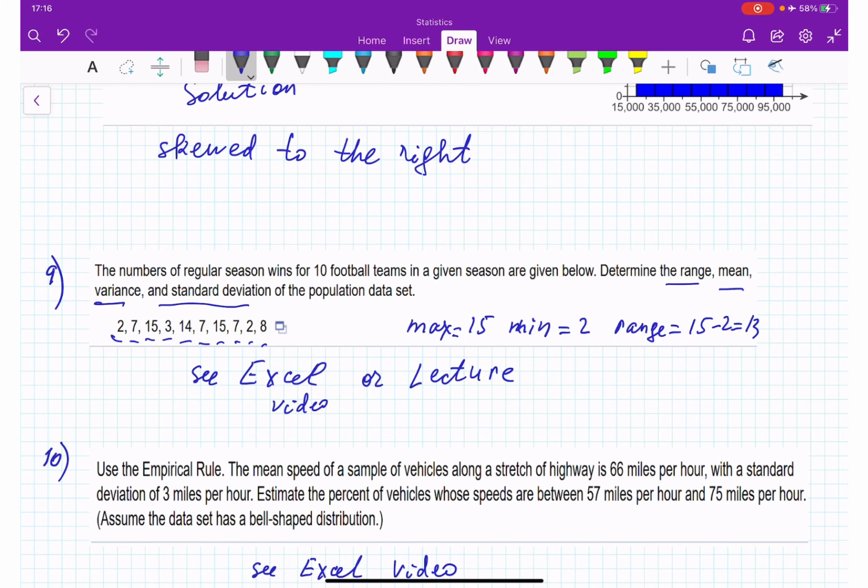But for variance and standard deviation, you can go by either the lecture video, if you want to use a calculator and pencil and write on a piece of paper, or you can go by the Excel video, both of them. Obviously, I will put the link, or it's already uploaded in the statistics problems playlist.